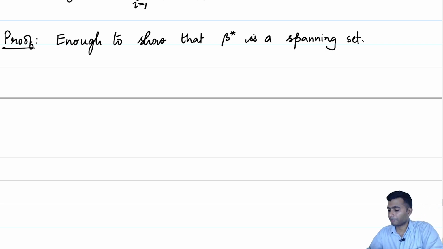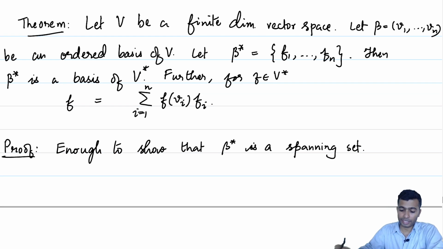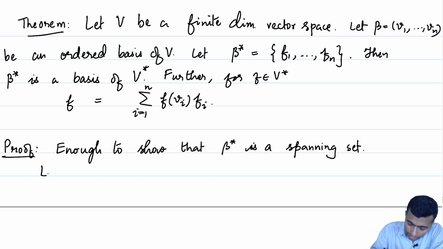Now, the theorem already prescribes how to show that it is a spanning set. For any f, we know that we have to prove that f is equal to summation f of Vi times Fi. So, we are being prescribed exactly the method to say how f is in the span of F1, F2 up to Fn. So, let us take an element in V star.